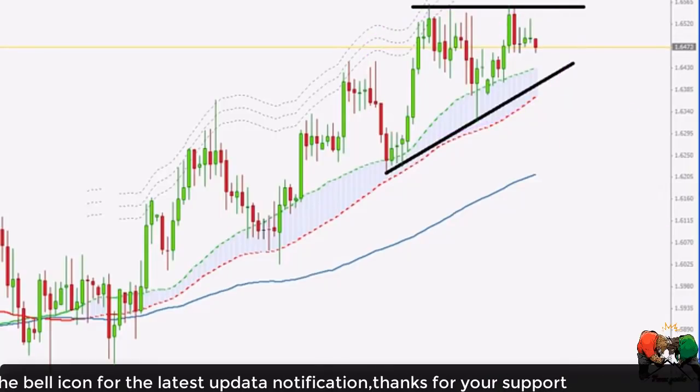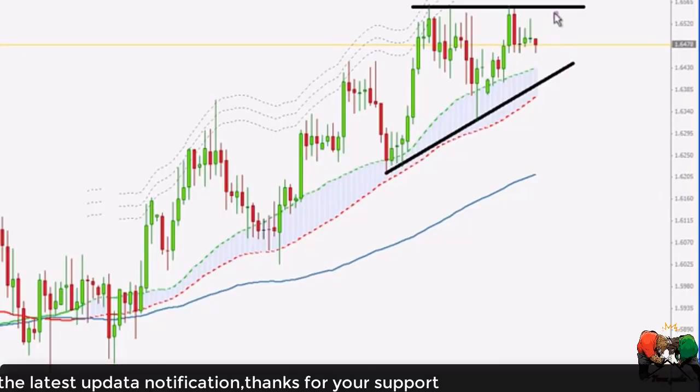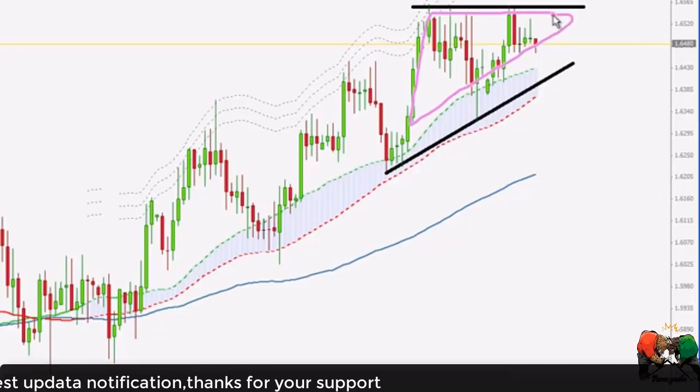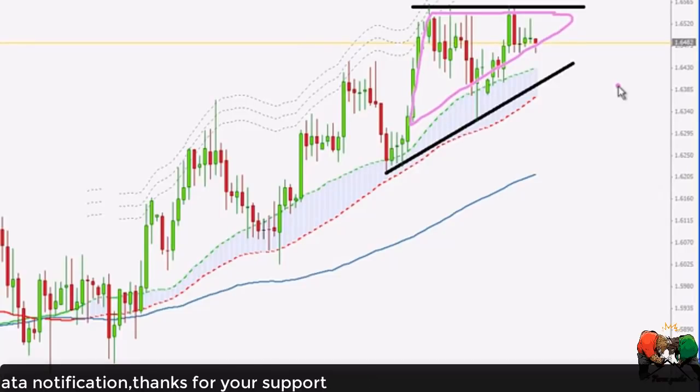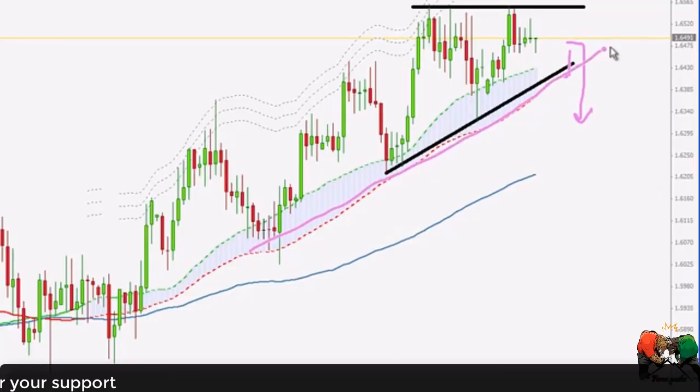So what am I to do? What's the course of action here? As long as price is contained within the range, you know what to do. You can't take any trade within the range. You want to wait for the breakout. Should we get a counter trend breakout, probably the dynamic area of support and resistance will be broken.